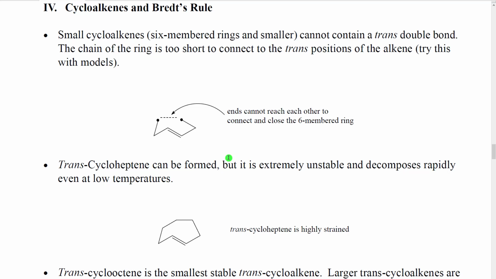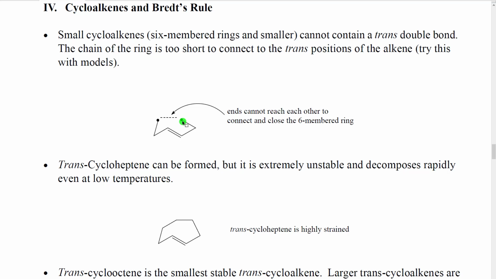However, what we find is when the ring is very small, in other words, the chain is too short, you can't actually create a trans double bond, because the groups on each side of the double bond that are trans to each other would not be able to reach across the empty space and connect to form the bond closing the ring.